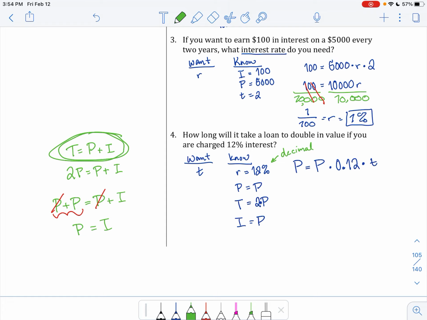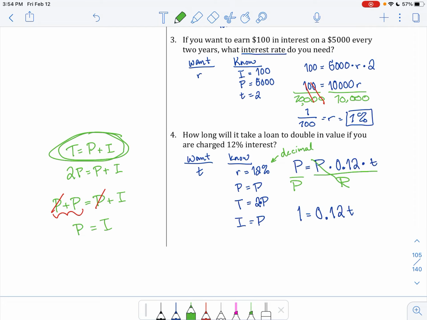Now, whatever number you've picked, if it's $100, if it's $50, when we divide on both sides, it cancels out here, but you'll notice it also cancels out on the left side. P divided by P, 100 divided by 100, 50 divided by 50, whatever number you have there is 1. So 0.12T is equal to 1.